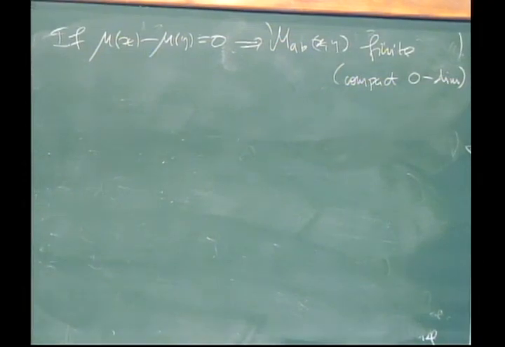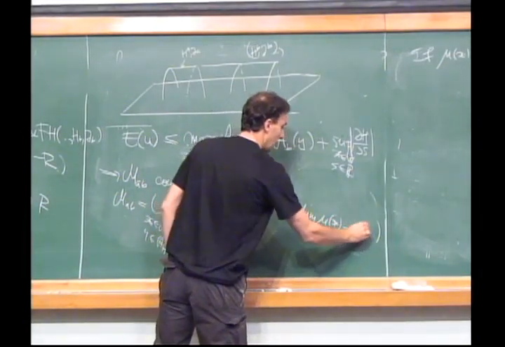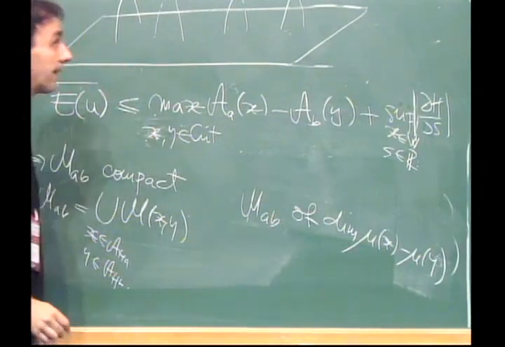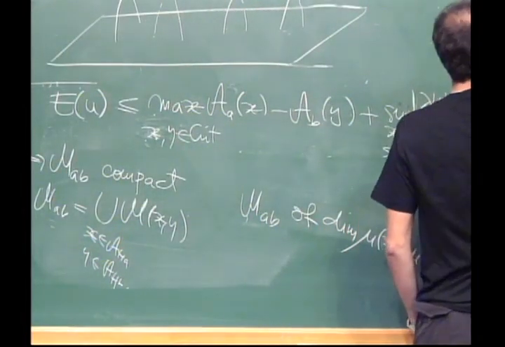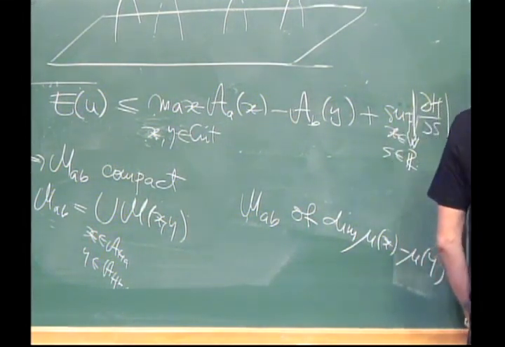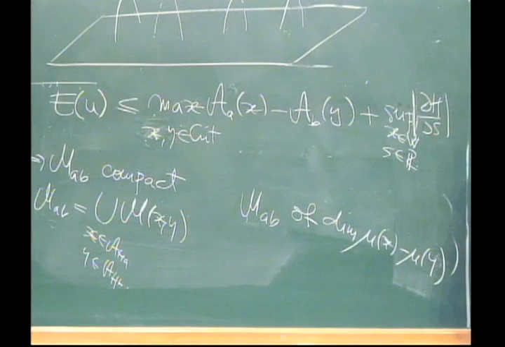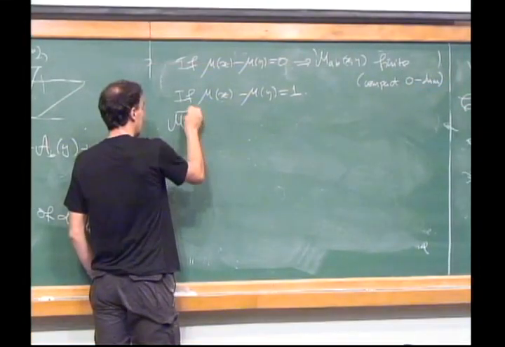Forgot to say that M_AB is a manifold of dimension mu x minus mu y. And if the difference is 1, then this space is compact.